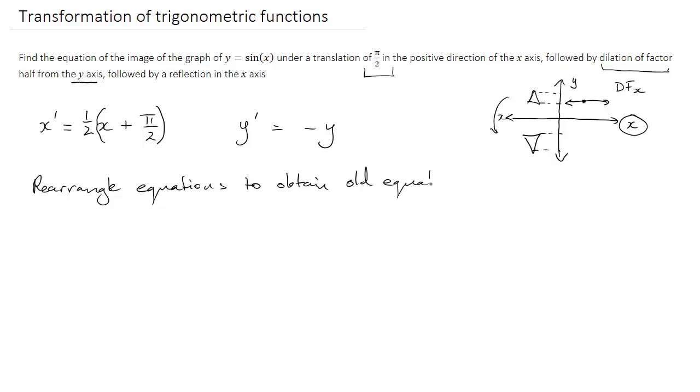The reason why we need the old equations is that we have the old formula, and what we're going to do is substitute into the equation. So let's have a look at how to do this.